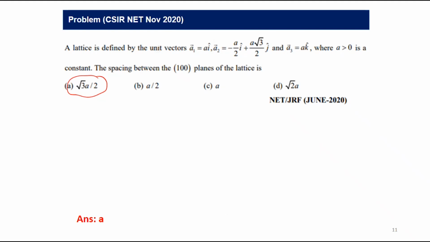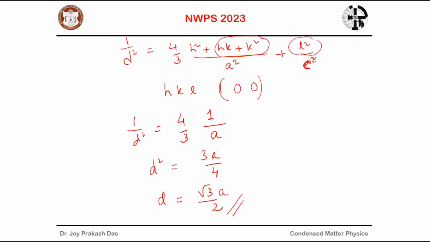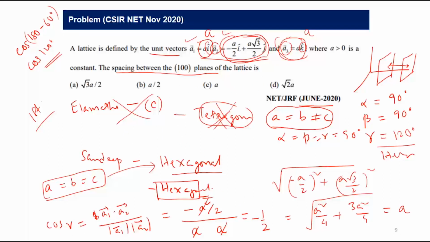Anybody didn't understand, please raise your hand or ask directly. Sir, in hexagonal A is not equal to C. In hexagonal A is not equal to C, yes.